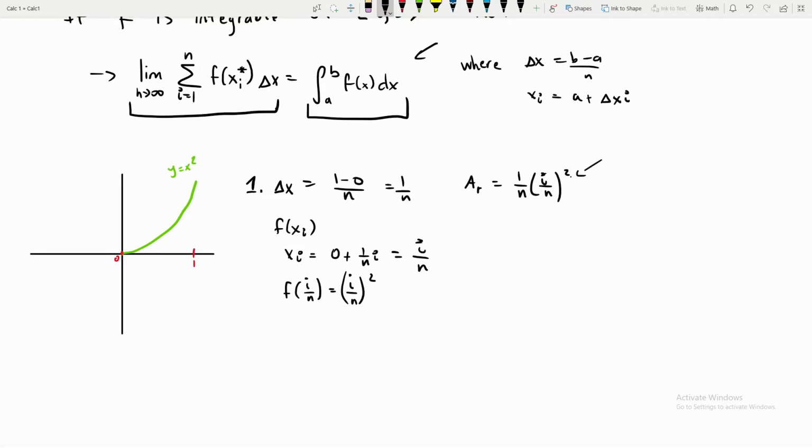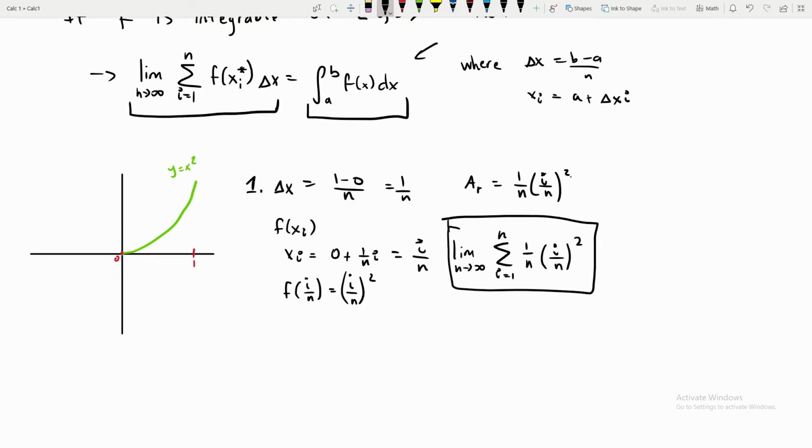So we would get this formula for the area of each rectangle, and then we wanted to sum that up. We would sum up all the rectangles by passing it through the sigma function. So it would end up something like this, and then we wanted to take the limit as n approaches infinity of all this. So this was the formula that we ended up getting to find the area under this curve.